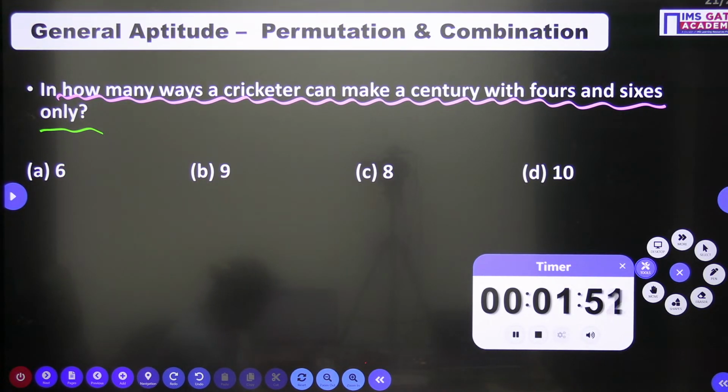Yes, what should be that? In how many ways can a cricketer make a century with fours and sixes only? How many possible ways are there? 6, 9, 8 or 10?